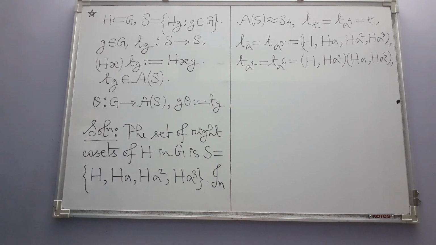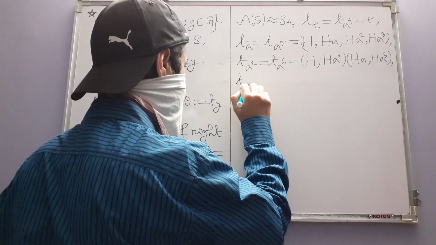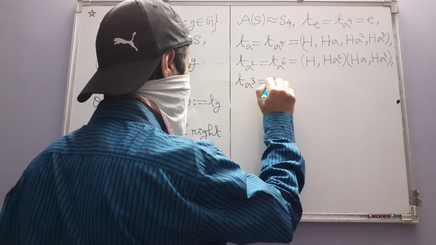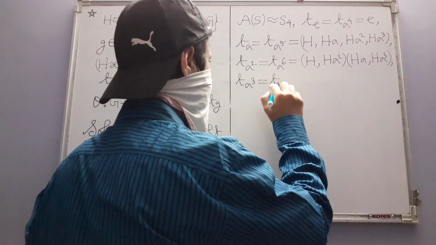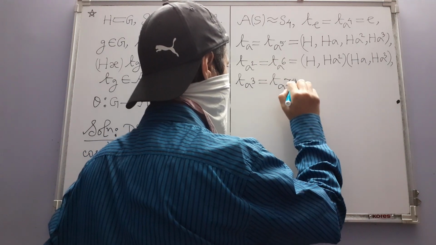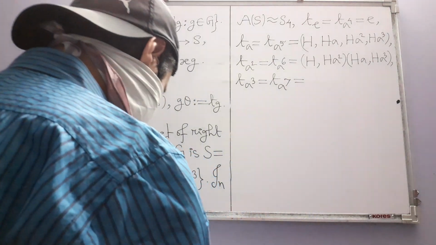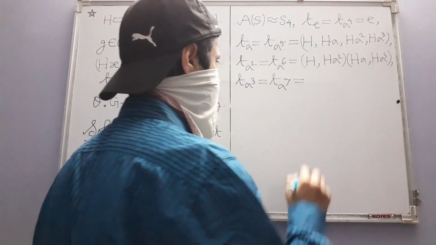And finally Ta cube turns out to be equal to Ta to the power 7, and that is again a 4 cycle.